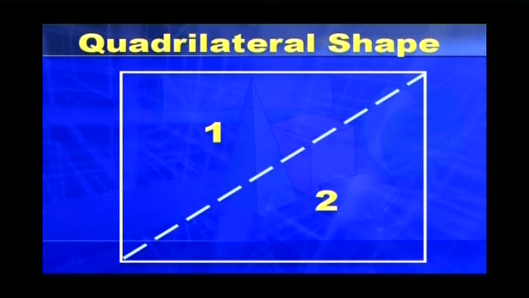Now, there are 2 triangles formed. In one of the triangles, what will be the angle sum of one of the triangles? Remember, receiving students and 70s, in a triangle, the angle sum adds up to 180.